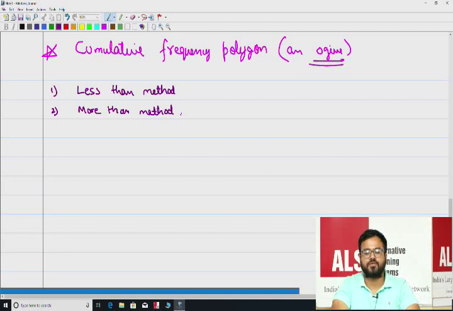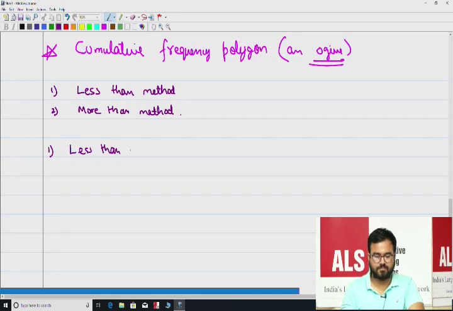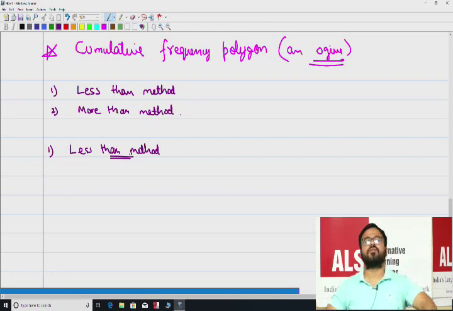We have to draw the cumulative frequency polygon. As the name indicates, we have to find the cumulative frequency and then plot it on the graph. Suppose we are doing the less than method, we have to find the cumulative frequency of all the class intervals in terms of the less than method.